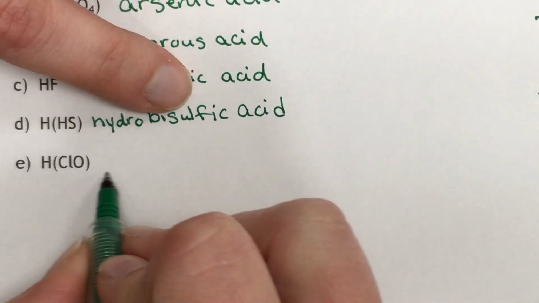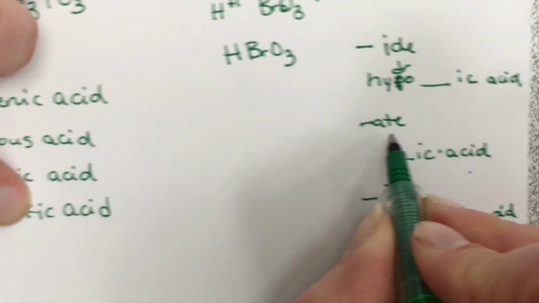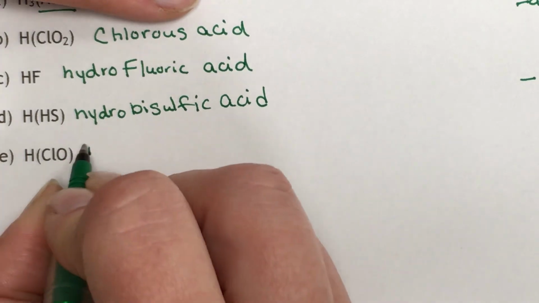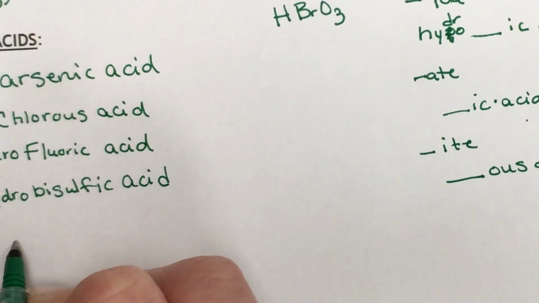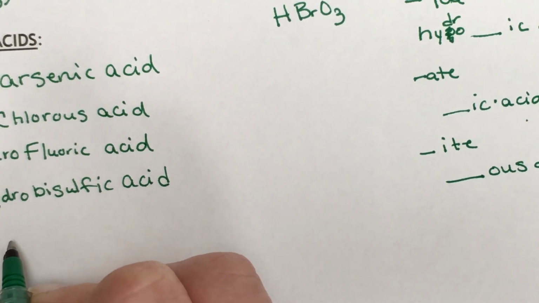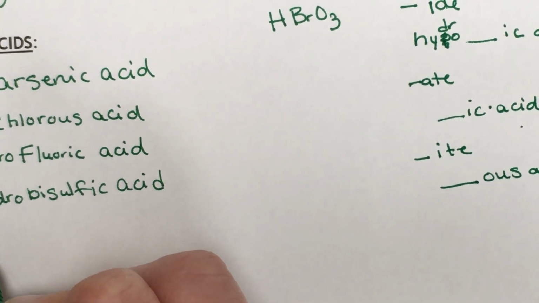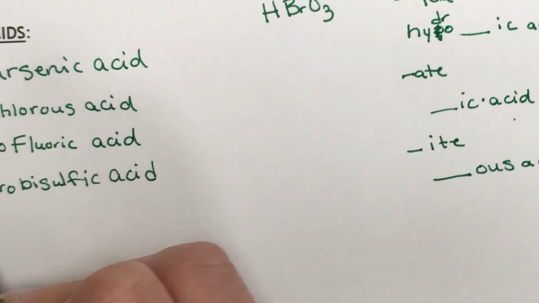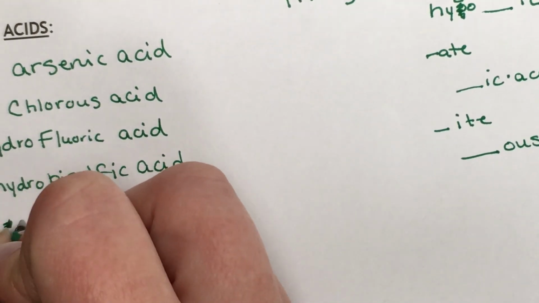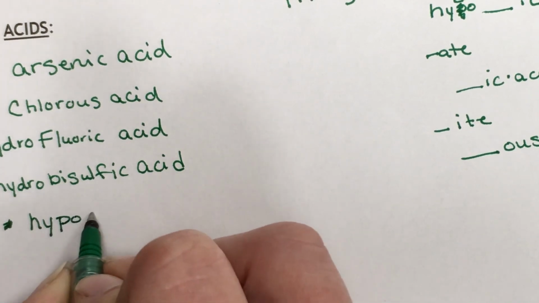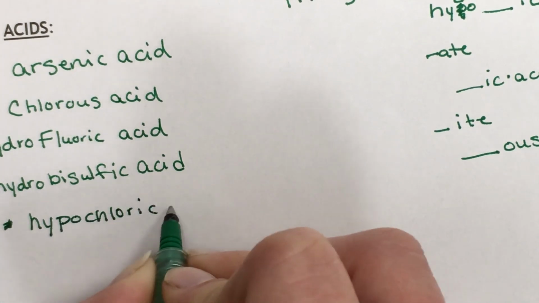If it ends in ATE, here's our rules: we just change the ending to IC, and we don't say hydro. Chlorate. ClO. No, it's hypochlorite. Okay. So it's just chloric acid.